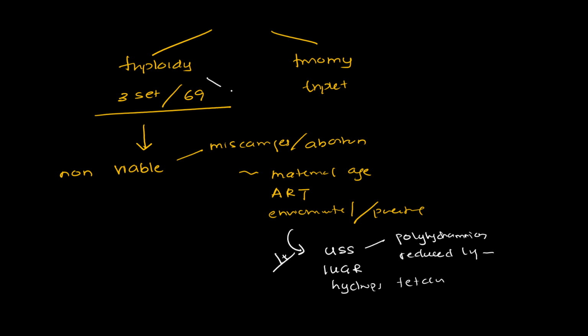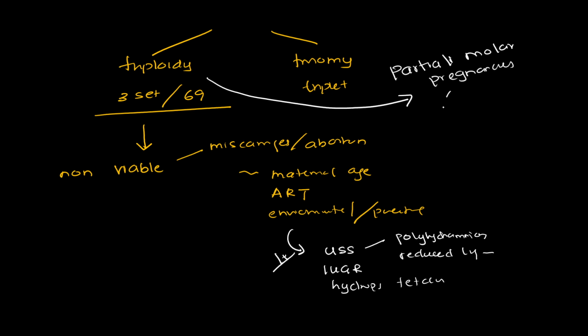Sometimes this triploidy is, not all triploidies, but most of the triploidies are associated with a condition which is known as partial molar pregnancies. What are partial molar pregnancies? This is a condition where the ovum is fertilized by means of two sperms, or dispermy.